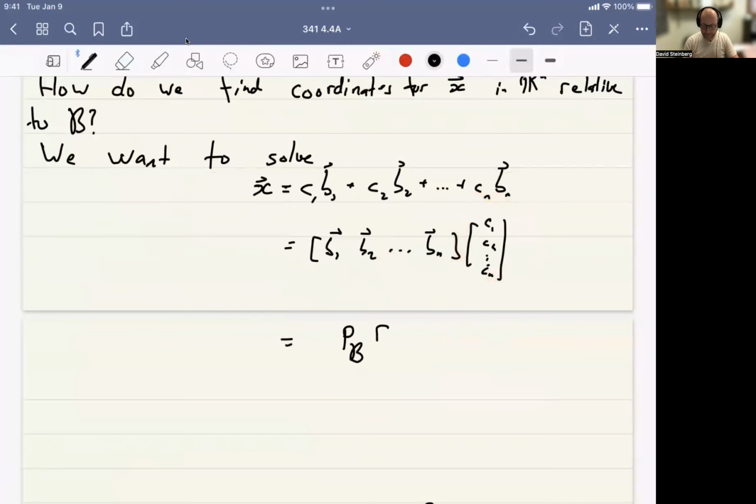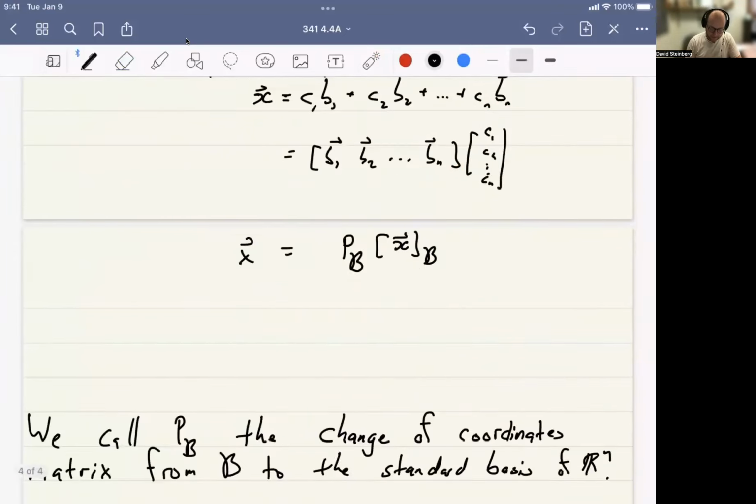This is what we've been calling the coordinates of x relative to B. Right, and P_B is equal to the matrix built out of b1, b2 through bn.